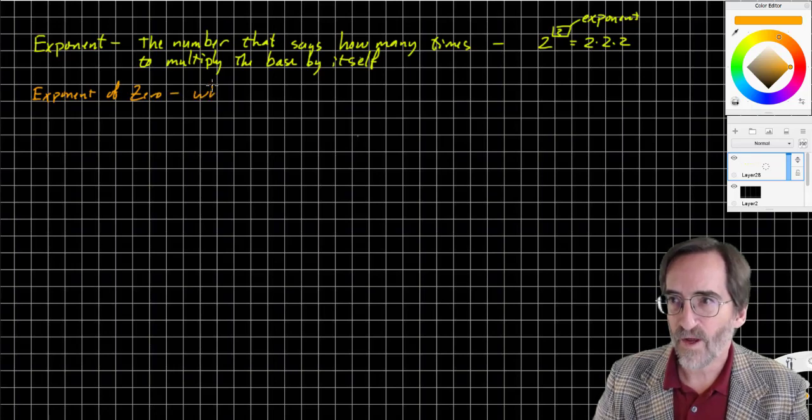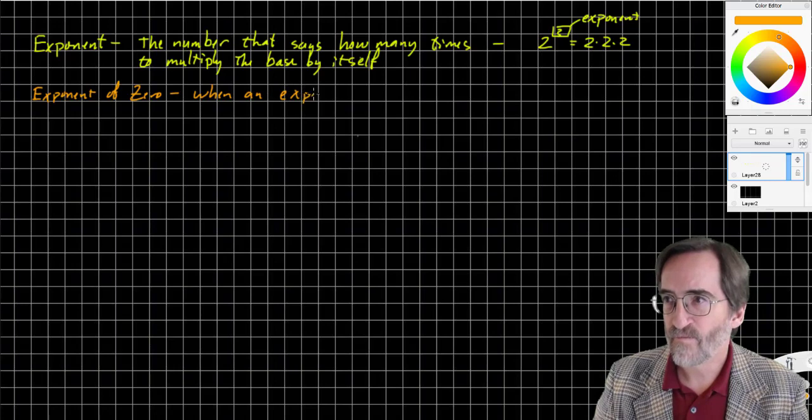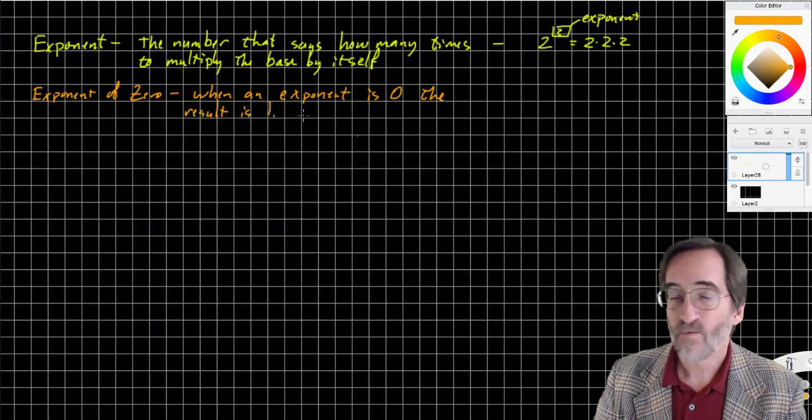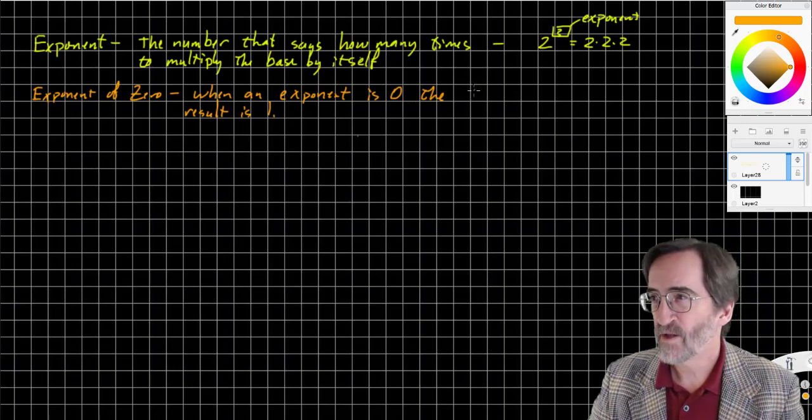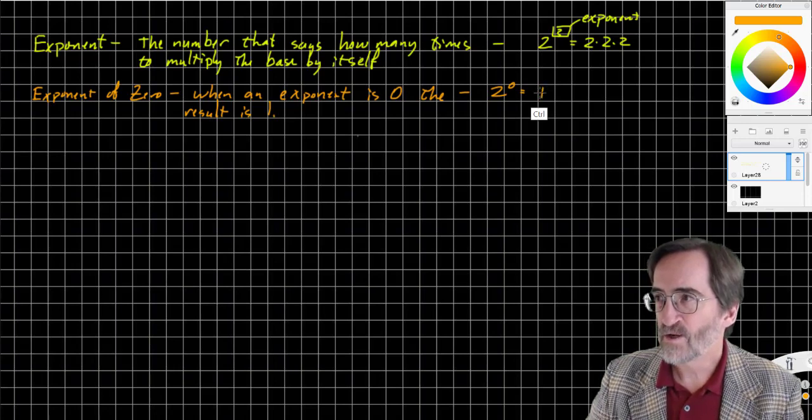Next word, exponent of 0. When an exponent is 0, the result is 1, with one noted exception. So 2 to the 0 power literally means 1. Here's the reason.